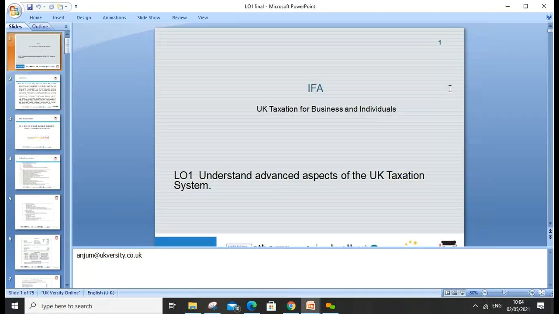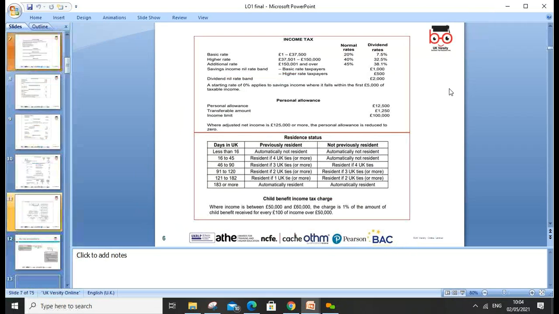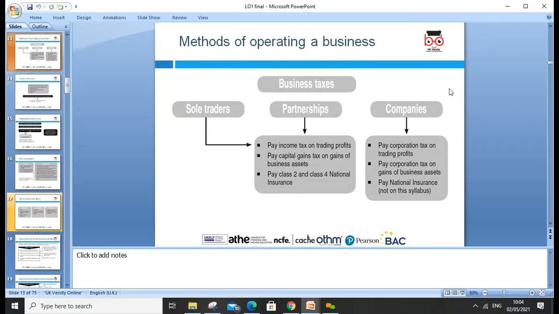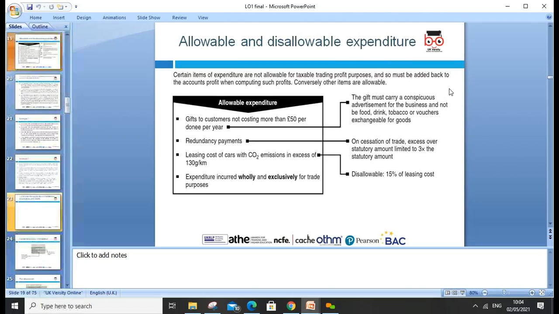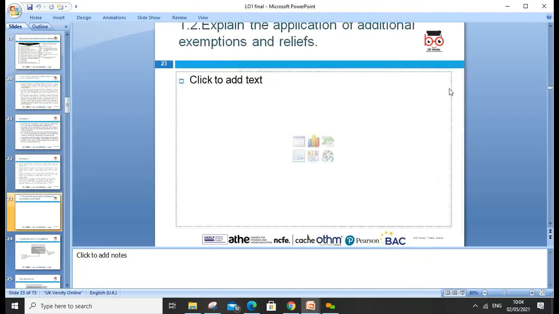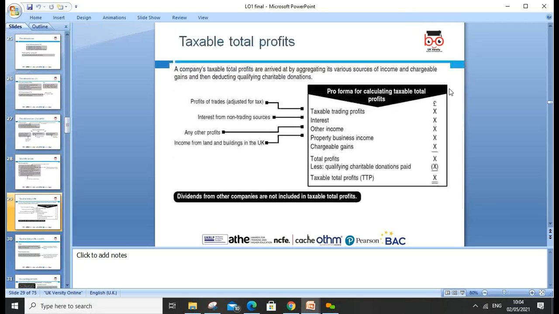Lesson 1 was about understanding the advanced aspects of taxation. We discussed the rates, how we can apply these rates, and we learned about the tax systems: sole trader, partnership, limited company. We discussed allowable expenditure, went through a few examples, and discussed capital allowances as well.